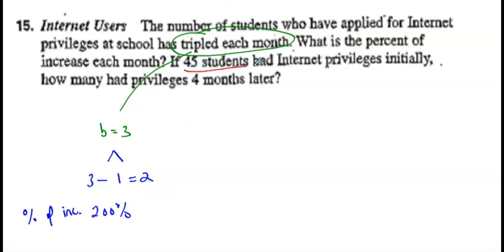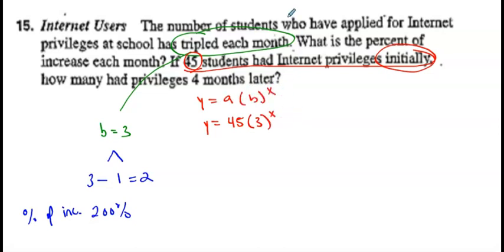If 45 students initially, there's my initial value, so now I can write an equation: y equals 45, which is the a value, times my tripling each month, 3 to the x power, my b value to the x power. Then it asks how many had privileges 4 months later, so x is months. We have y equals 45 times 3 to the 4th power.